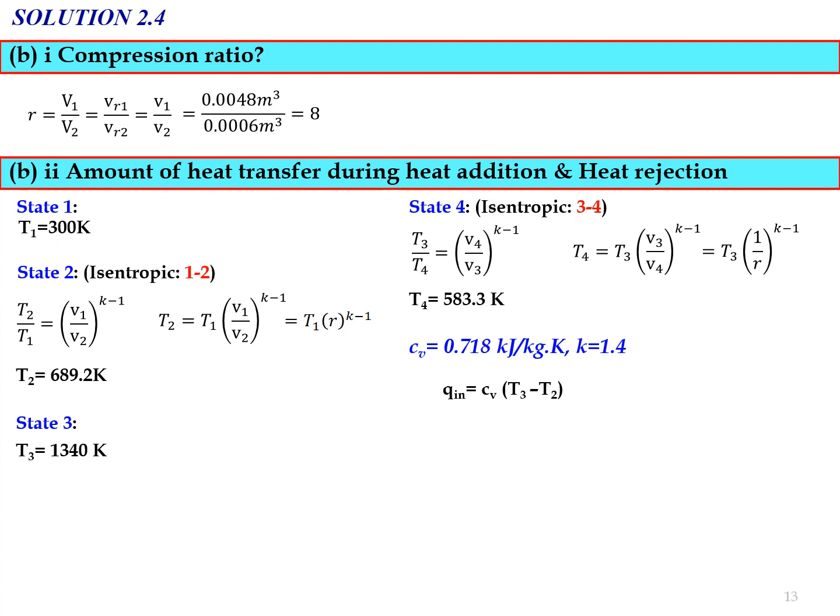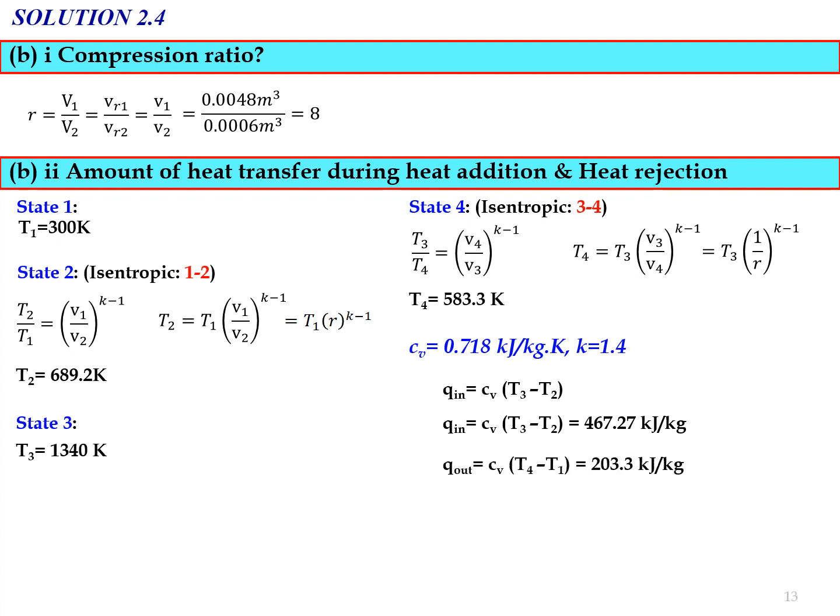Now we know the formula for Q in based on the cold air standard assumption, or based on the constant specific heat case, so Q in equal to Cv multiplied by T3 minus T2. We have the value for Cv, T3 we already obtained, and T2 we already calculated. So easily we can determine Q in, where Q in equal to 467.27 kJ per kg.